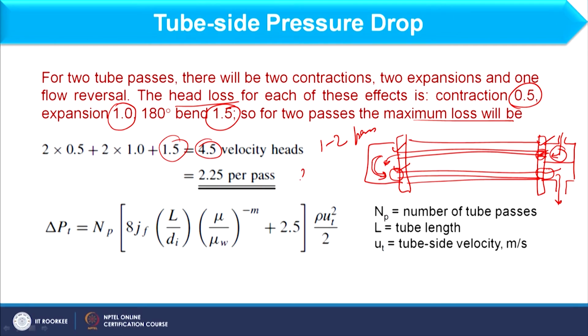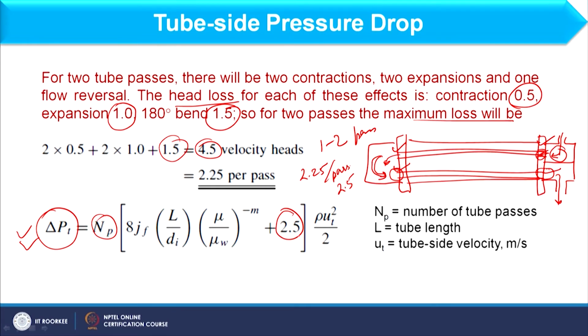So, 2.25 head loss is there per pass. Researchers have given a rounded number, that is, instead of 2.25 they have mentioned 2.5. Now, further if I focus on pressure drop in tube side, I use this expression where NP is the number of passes, and each pass will have 2.5 head loss.